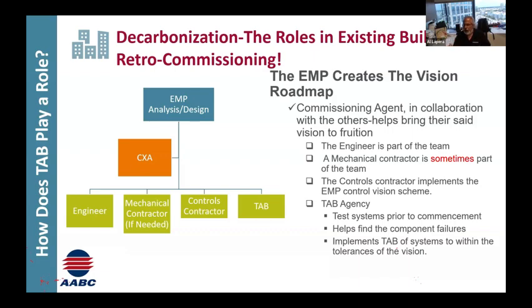And just a real quick story, the way Robert was talking about having somebody come in and test everything. Well, I had a project here in Tampa where we got started. So I had the test and balance guys do an initial test and record of where all the equipment was, right? I needed them to do that.